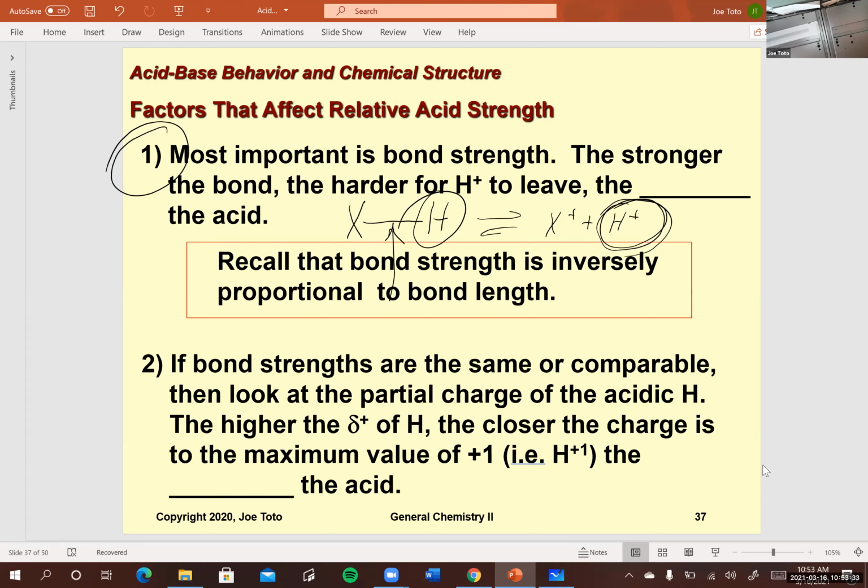Now, if that doesn't work, then see if there's some way you could rank the partial charge on that leaving hydrogen. That would be case 2.